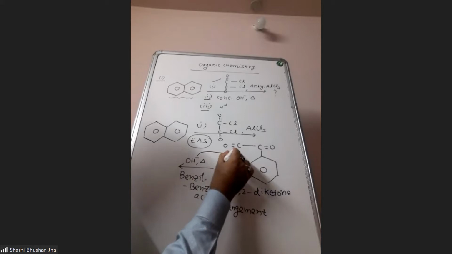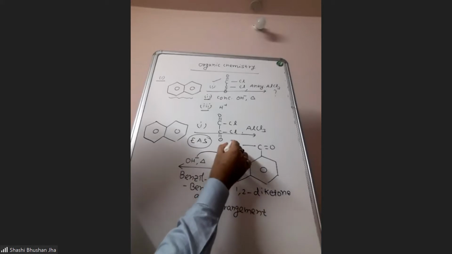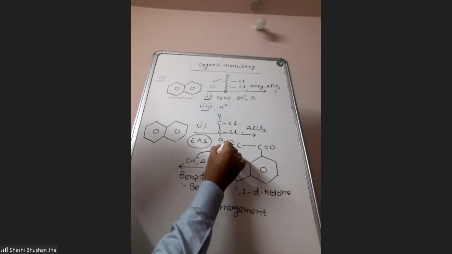Now this OH minus will attack the carbon atom of one of the ketonic groups and the pi bond will move to oxygen.